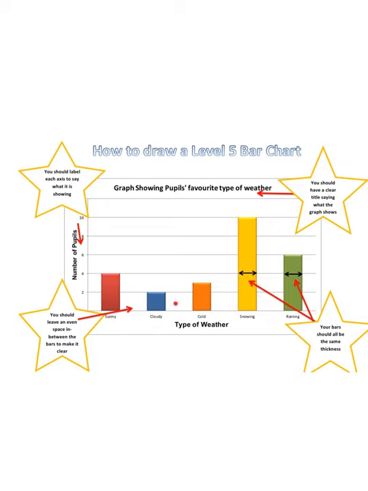They have to be the same all the way through. It doesn't matter where you start the first one, but then between the bars you need to keep the same distance. Okay, so these are the key points. You need to have a title, you need to label your axis, you need to remember about your bars, the same thickness and the same spaces.